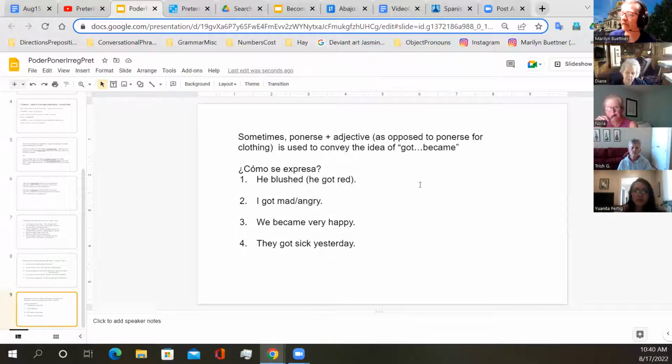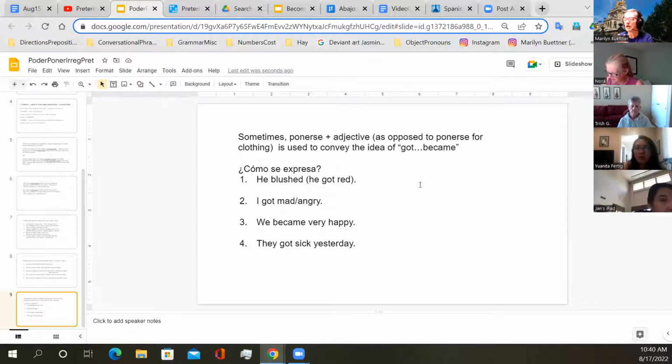And here is a fun and funky part. This is ponerse, but a little different, and you actually do hear people using this quite a lot. Ponerse, when it's not talking about a noun, an article of clothing, when we pair up ponerse with an adjective, a description, it morphs this verb into the idea of got a certain way, became a certain way.